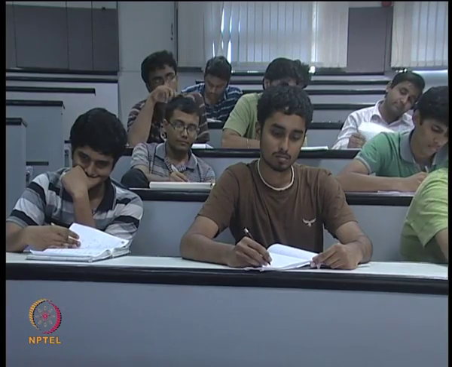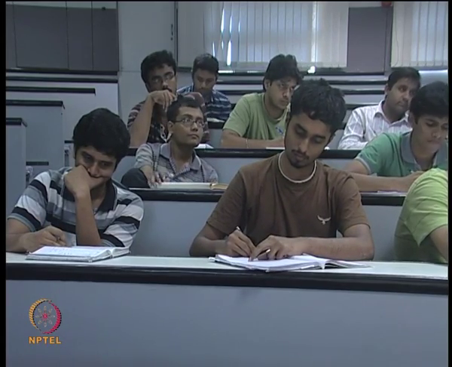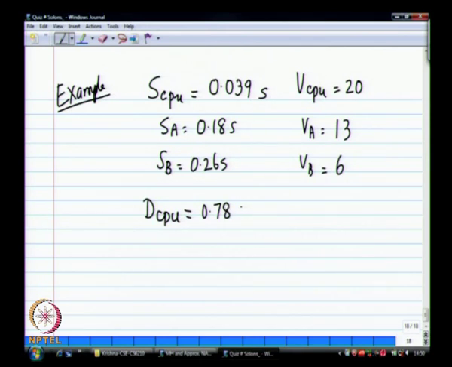In that example we had computed SCPU to be, or at least it was given to us, 0.039. Then VA is given, VB is given, so we can use that. This was what we had last time, and then we computed DCPU as 0.78.